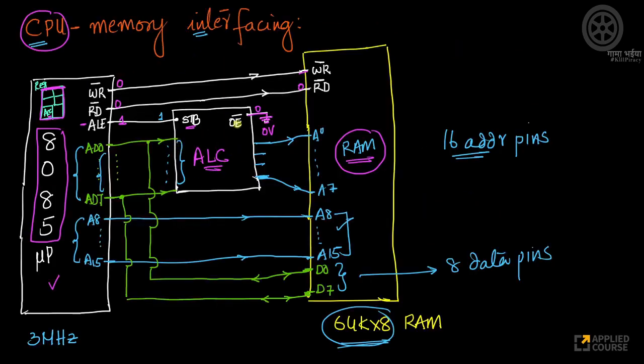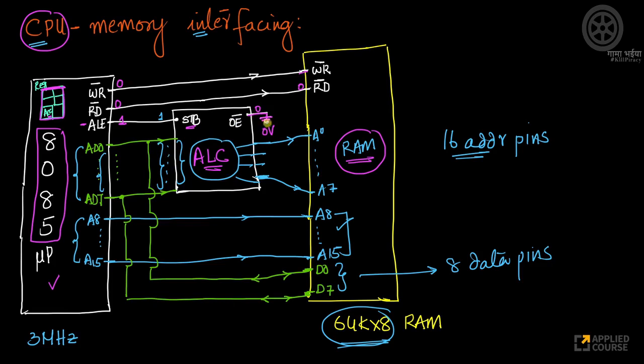Because my OE is always grounded, OE is always set to 0, whatever input comes in gets stored here internally, and the same input is passed to the output. Whatever address is being sent here, all these 8 bits of address are copied internally. This OE is always 0 because it's grounded.